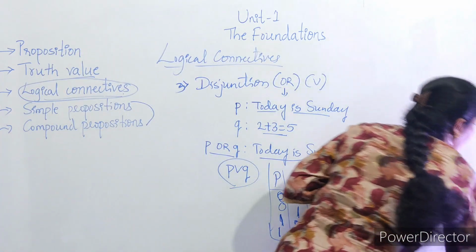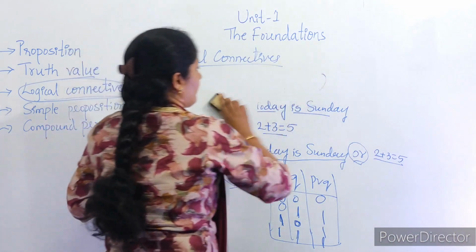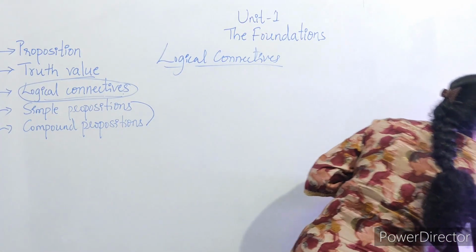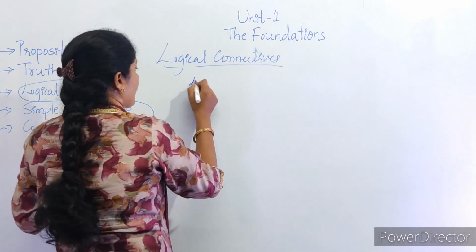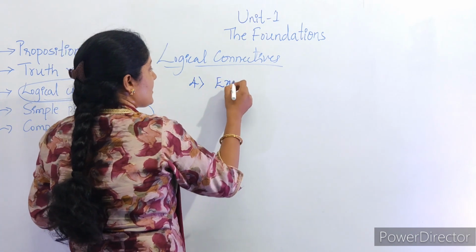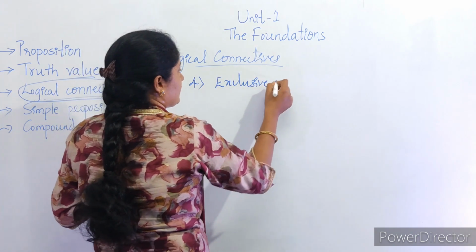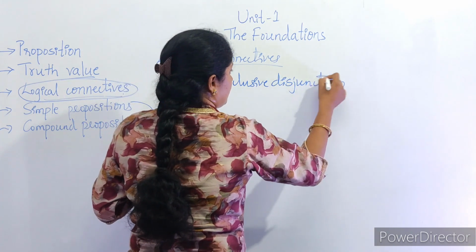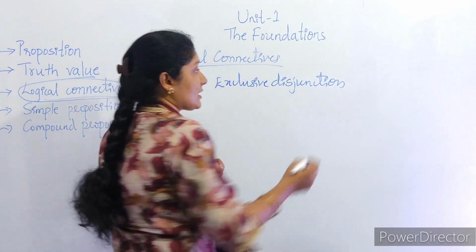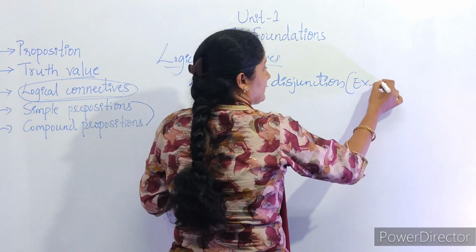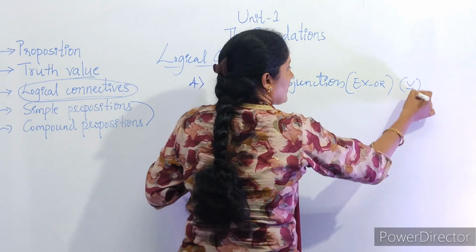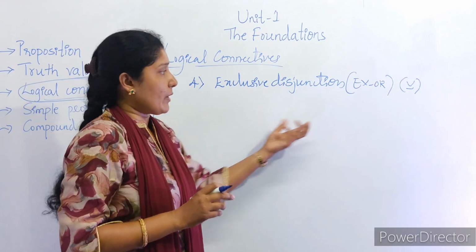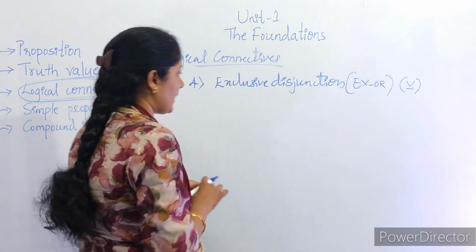Now coming to the fourth one. The fourth one is exclusive disjunction. Exclusive disjunction is nothing but XOR, and this is the symbol. Here again one proposition is obtained by using this exclusive disjunction.